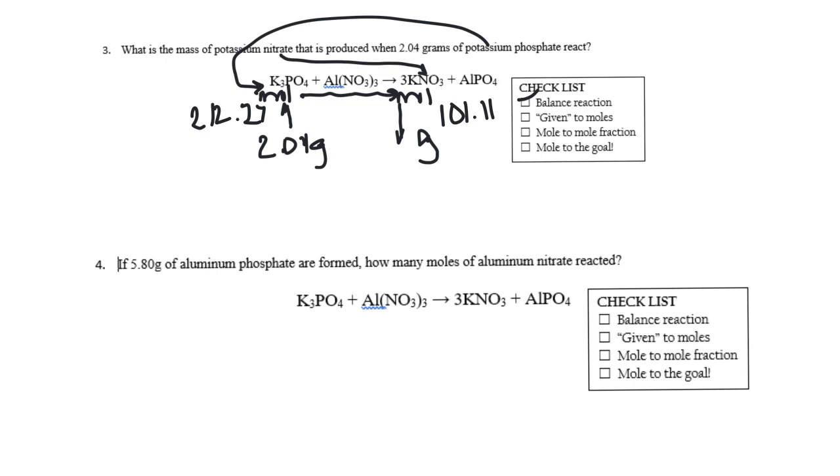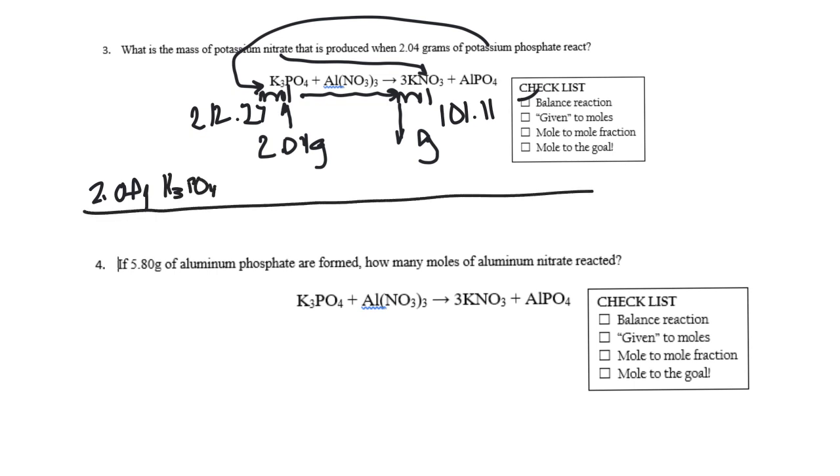I'm ready to do my train tracks. So I have 2.04 grams of K3PO4. I'm going to put it over 1. Grams of K3PO4 come down. Moles of K3PO4 come to the top.